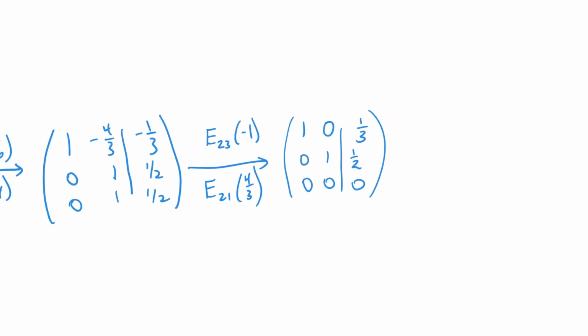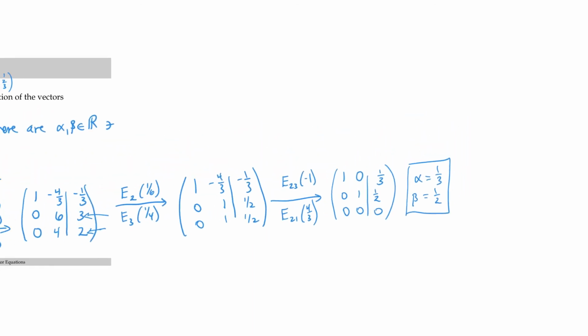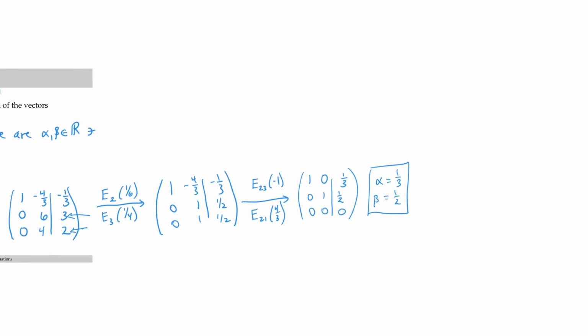From here, we see that our alpha must be 1/3 and our beta must be 1/2. Let's actually check that.